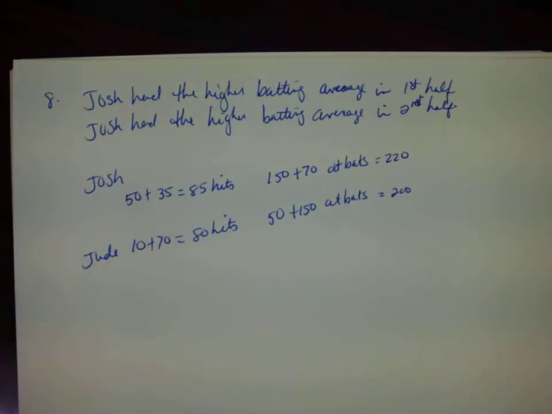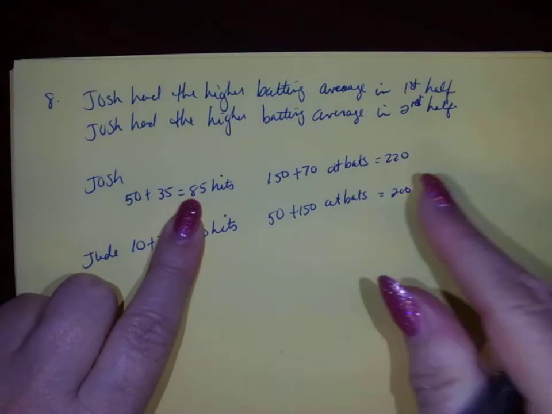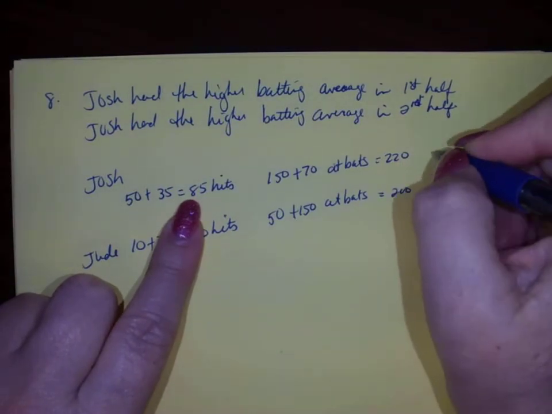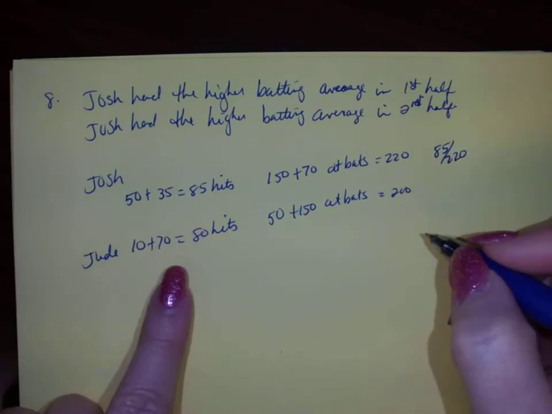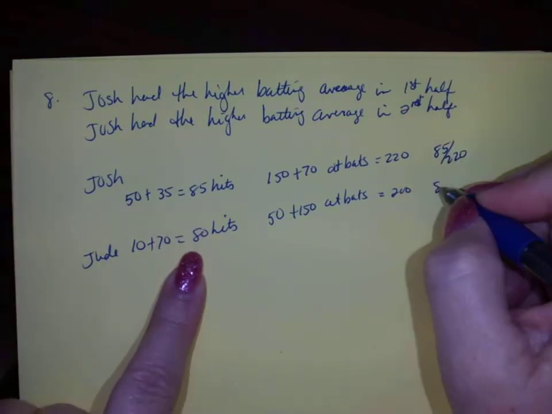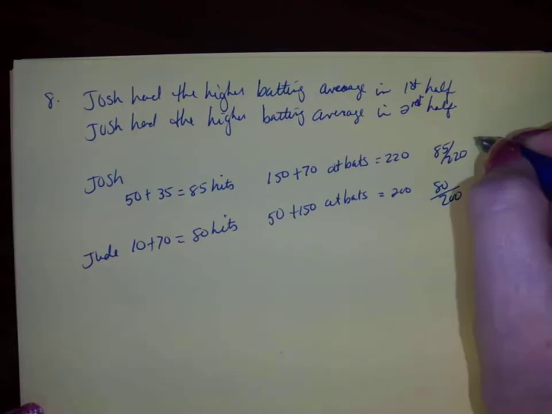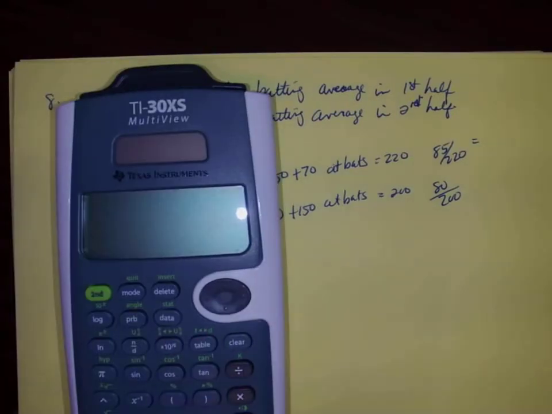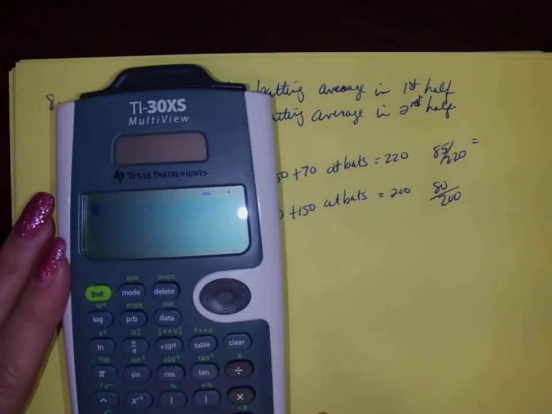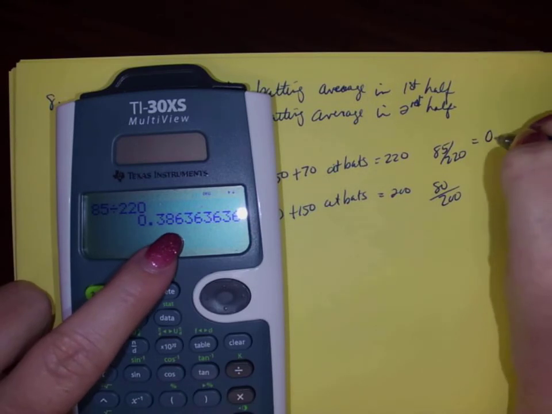So to find their average, I got to take their total of hits divided by the total at-bats. So for Josh, it will be 85 out of 220. And for Jude, it will be 80 out of 200 total. When I put this in the calculator, we're just going to take 85 and divide it by 220, and we get 0.386.